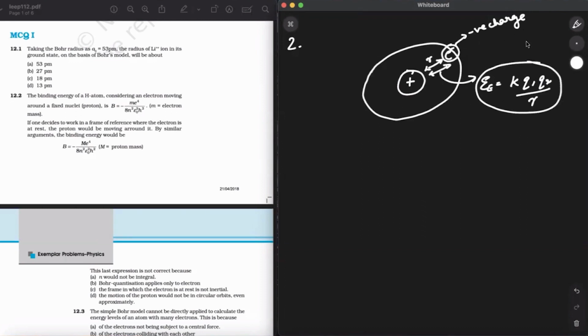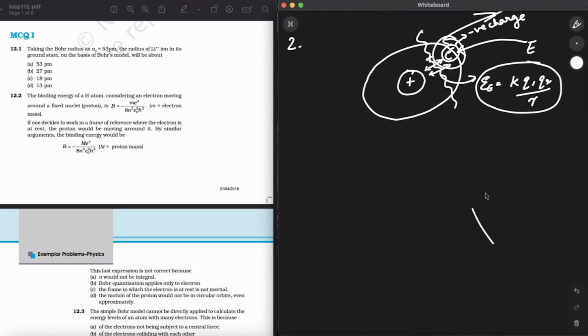If you somehow provide the same amount of energy, or an energy greater than this binding energy, then this electron will lose its interaction with the nucleus and be gone. The binding energy, as its name suggests, binds the electron close to the nucleus. But if you provide an energy greater than the binding energy, then obviously that electron will surpass the binding energy and move away from the nucleus.